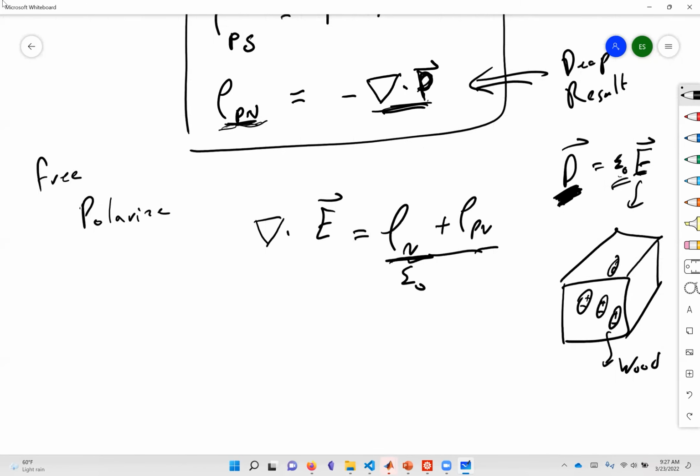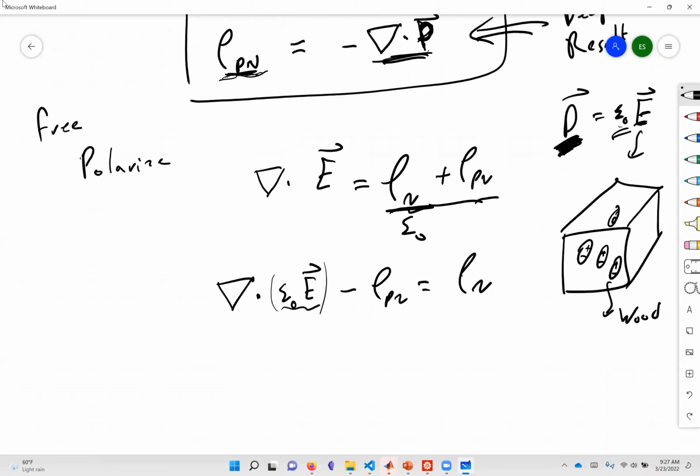And now I can take this to the other side. So I can rewrite this as grad dot epsilon naught E minus rho PV equals rho V, right? And this we said is D. This is the polarization of free space.